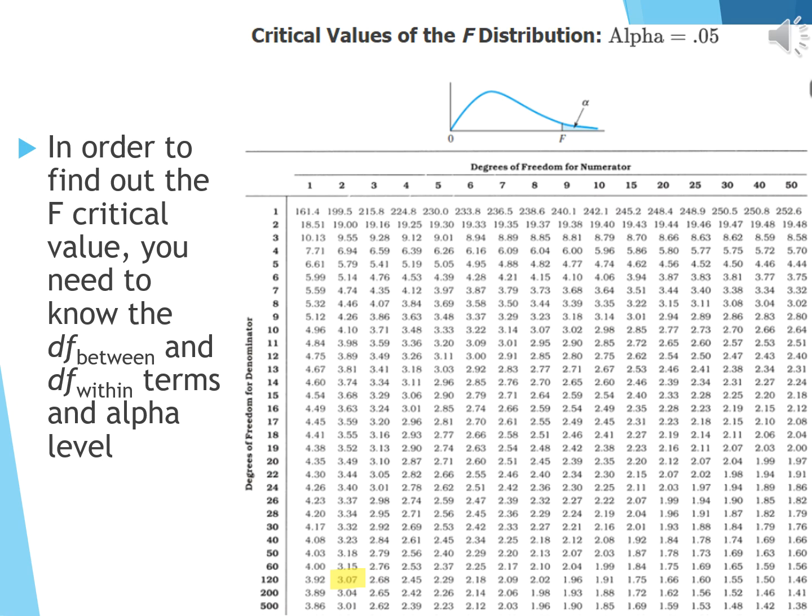In reality, you'd probably want to look this up online to see what the exact F critical is, if 87 is sort of in between the two values that we see of 60 and 120. But anyways, it'll be a value between 3.15, because that's degrees of freedom of 60 within, and 3.07, which is degrees of freedom of 120 within. So it's going to be somewhere between that. Anyways, we'll go with 3.07 here.